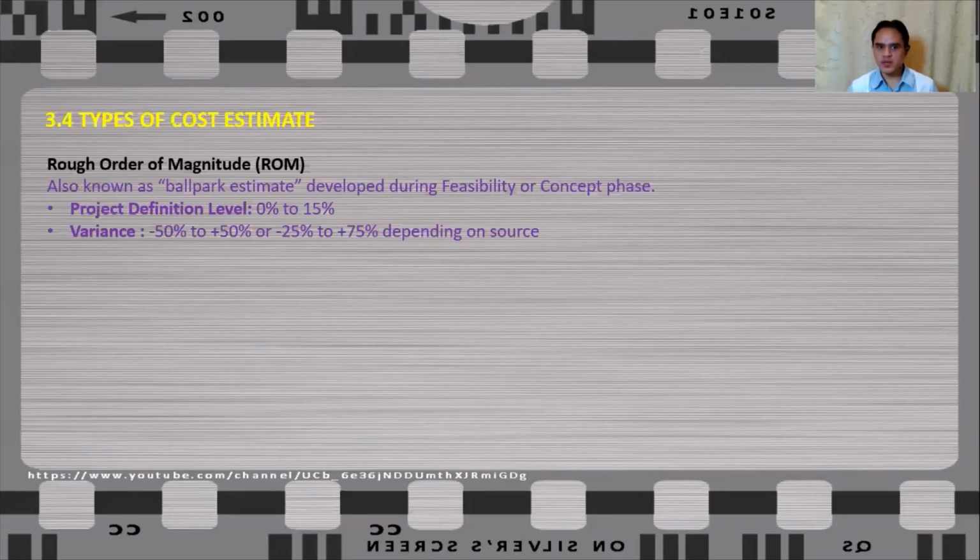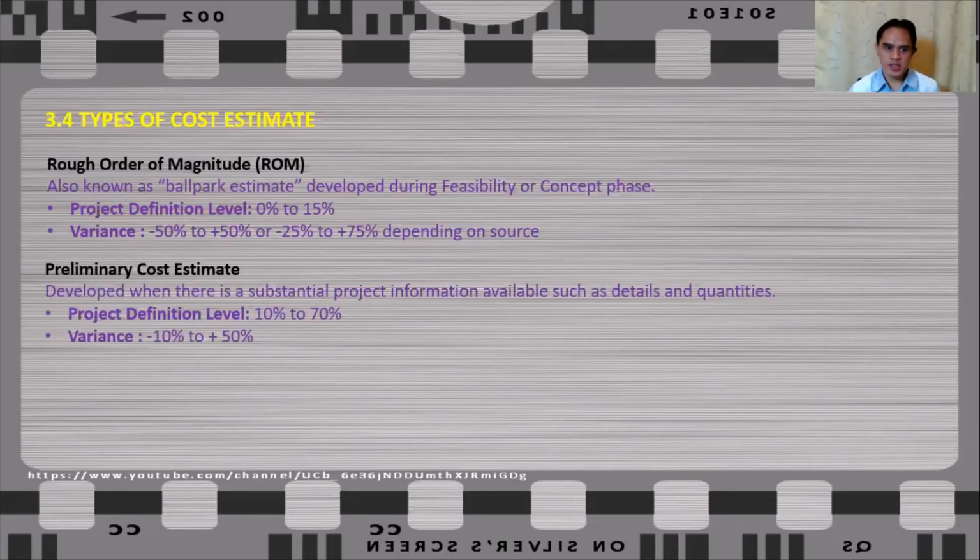And the project definition level will be ranging from 0 to around 15%. 0 in a sense that during this stage, you may have nothing at hand, not even a sketch, but only an idea from the client. And the difference of this cost estimate can be as high as 100%, where the variance can be from minus 50% to plus 50%, or minus 25% to plus 75%, depending on the source of your cost data.